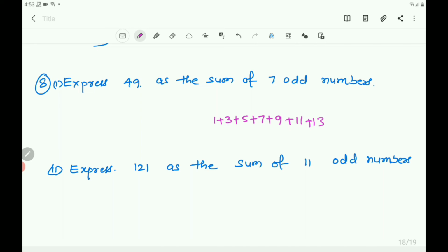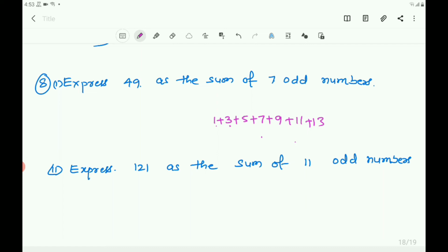So find the sum here. 1 plus 3 is 4, 4 plus 5 is 9, 9 plus 7 is 16, 16 plus 9 is 25, 25 plus 11 is 36, 36 plus 13 is 49, you will get.